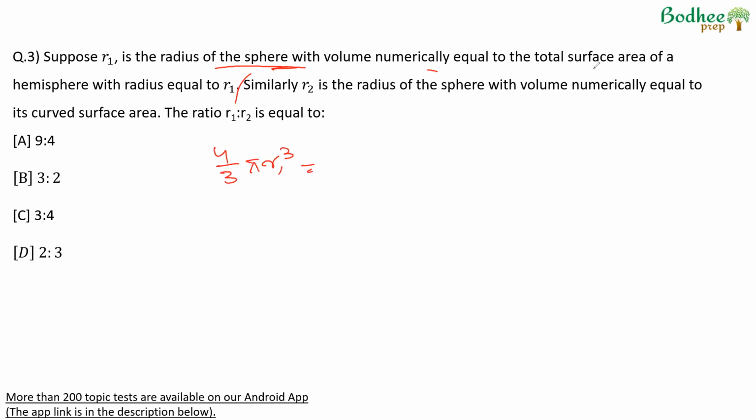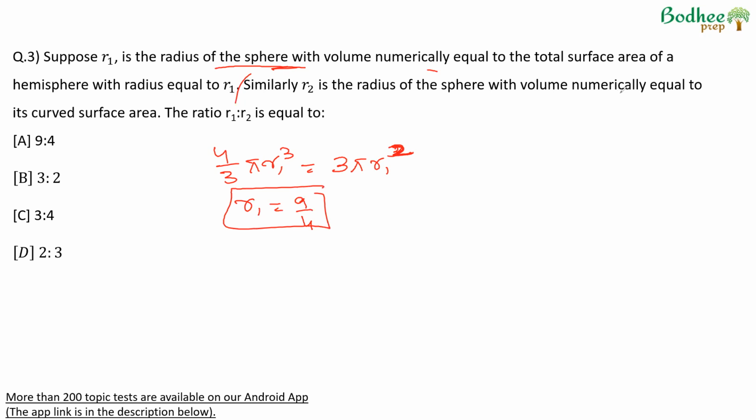This is numerically equal to the total surface area of the hemisphere, which will be 3 pi R1 square. So from here, pi and pi get cancelled, R1 square and R1 get cancelled. We get R1 is equal to 9 by 4. This 3 goes to the top, 4 comes to the bottom.